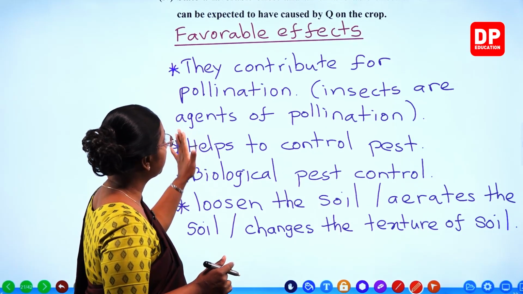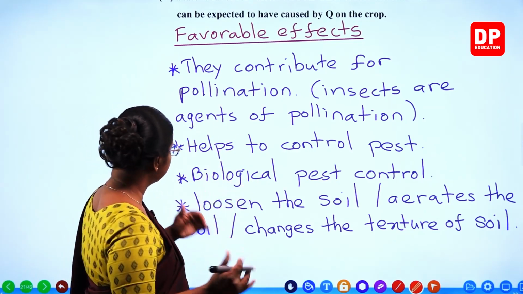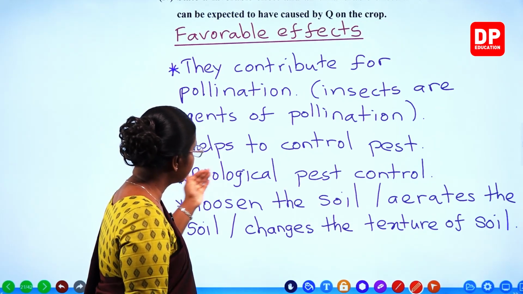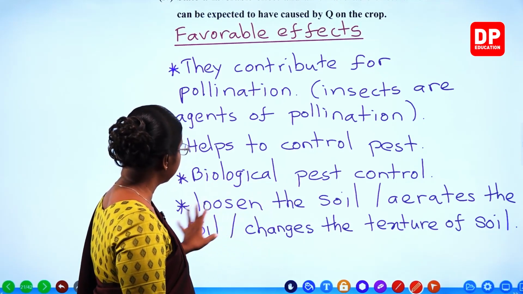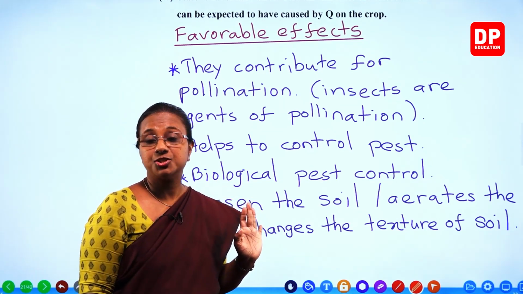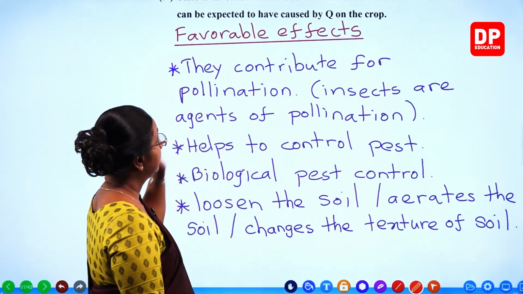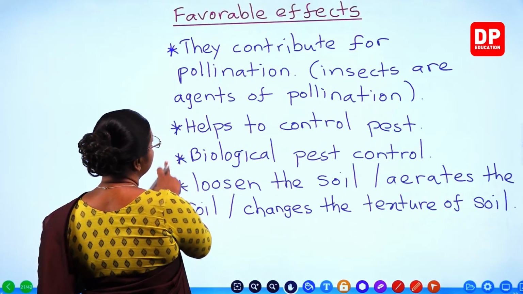They contribute for pollination, or they are agents of pollination, then help to control pests. They act as biological pest control. Then they loosen the soil, aerates the soil, or changes the texture of the soil. So those are the favorable effects of these insects. Now you need to write one of these favorable effects.